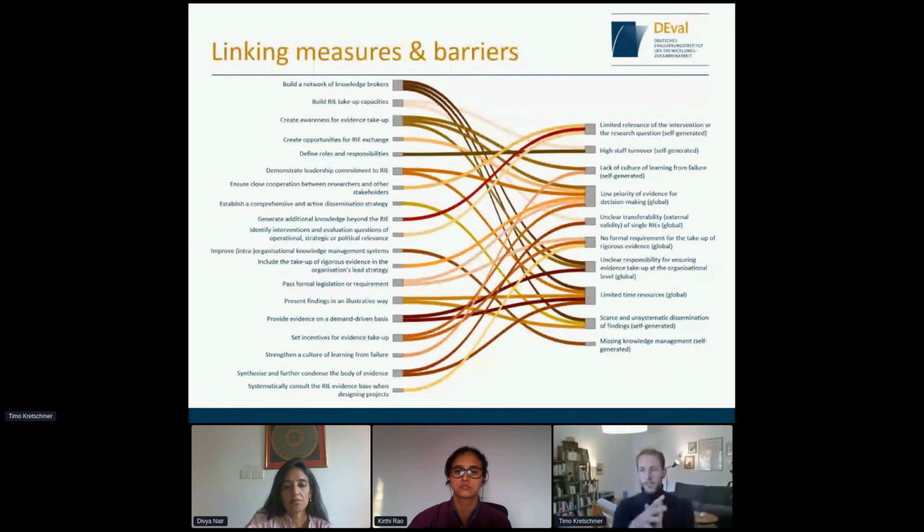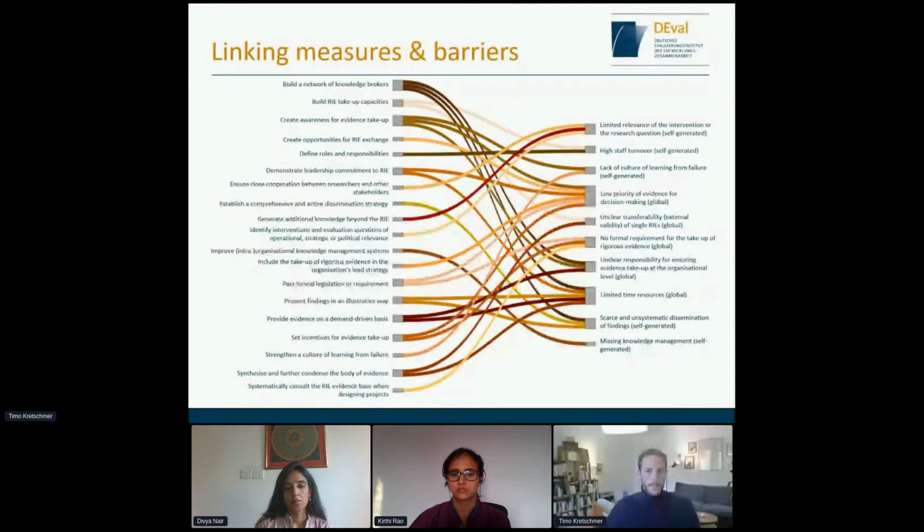And the measures that could target it, I'm just going to tell you the first three, could be building up a network of knowledge brokers, building RAE take-up capacities, or creating awareness for evidence take-up. So they're often quite closely related to the barriers.